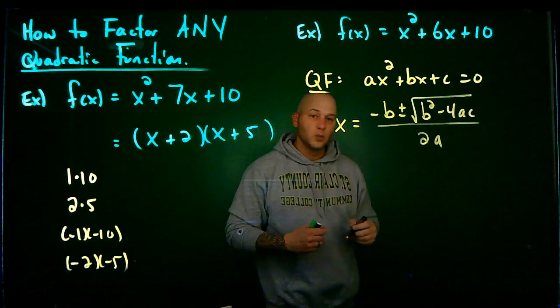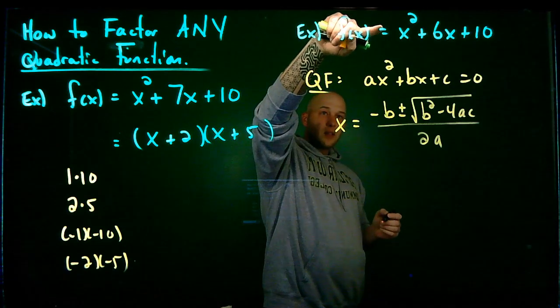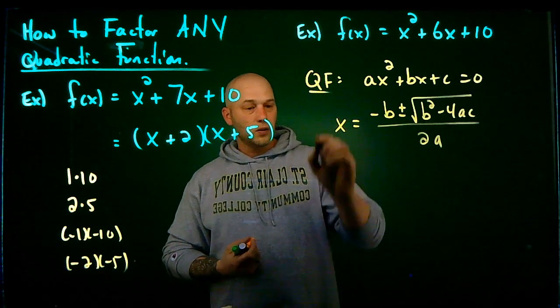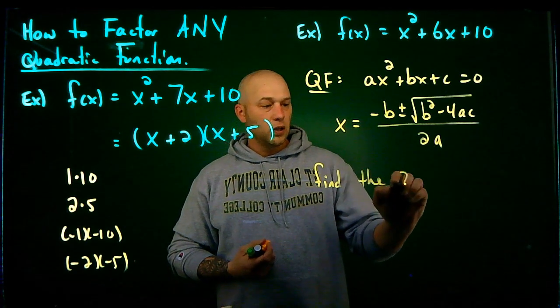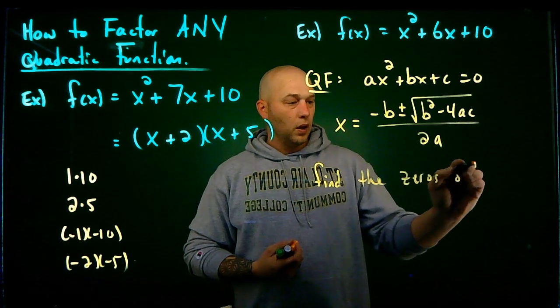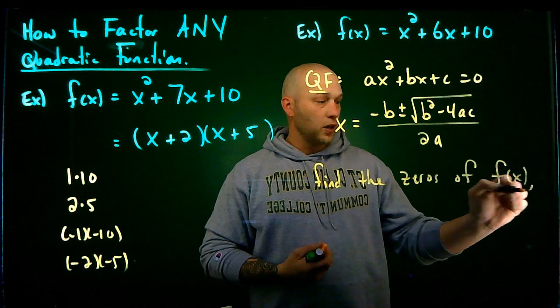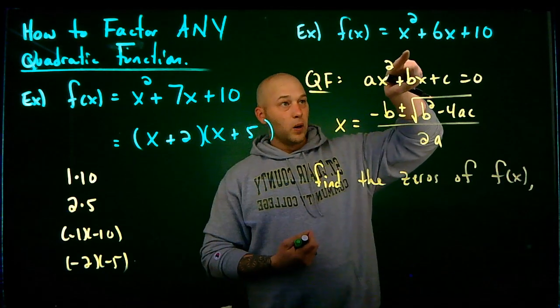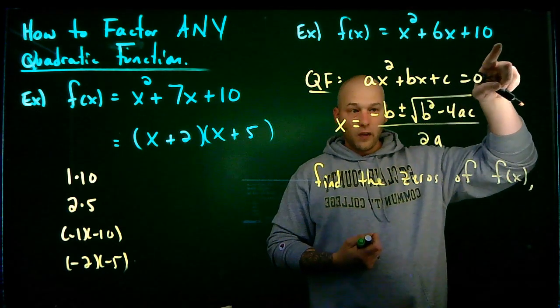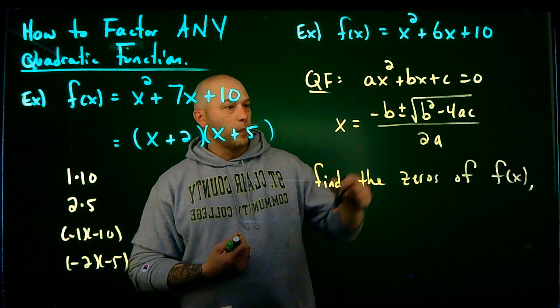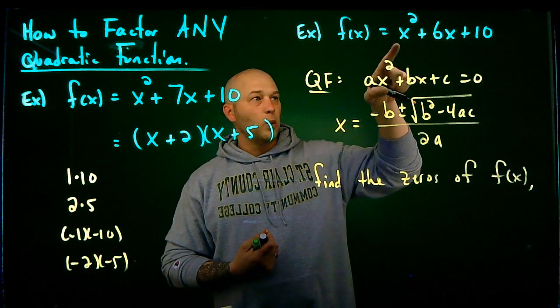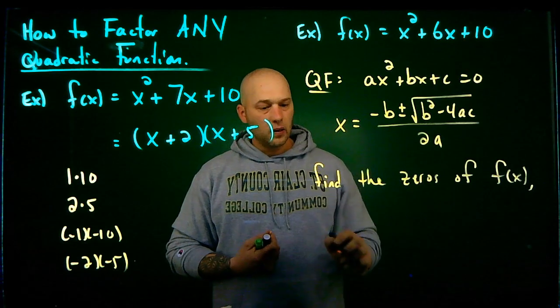That's what we're going to use. Let's find the zeros of this function. In other words, set this equal to 0 and solve it, and we'll use the quadratic formula. Remember, a, b, c in this case would be 1, 6, and 10 respectively.